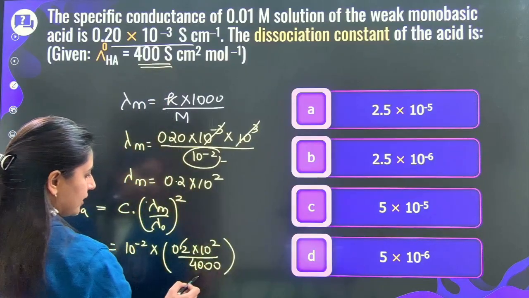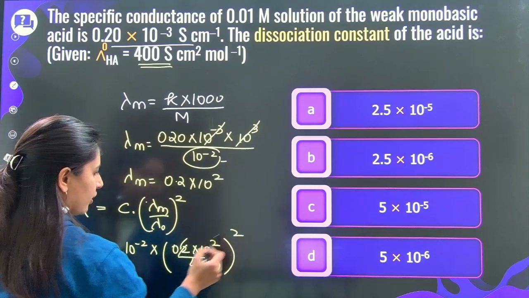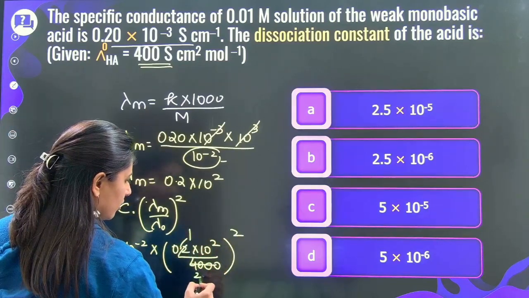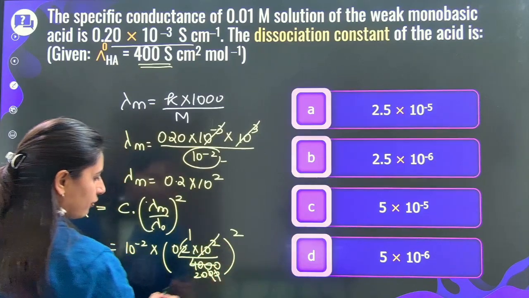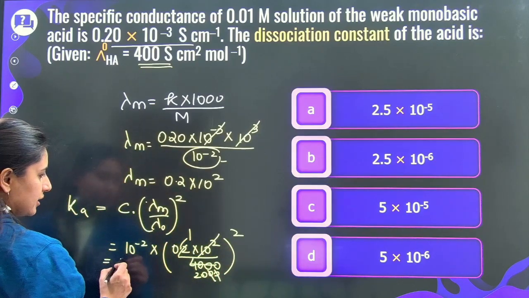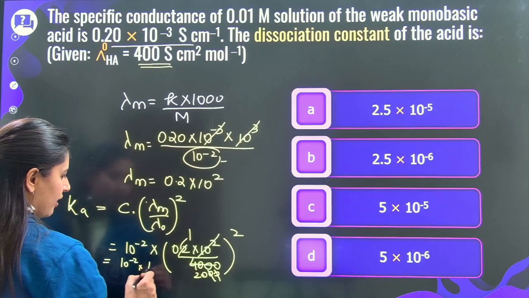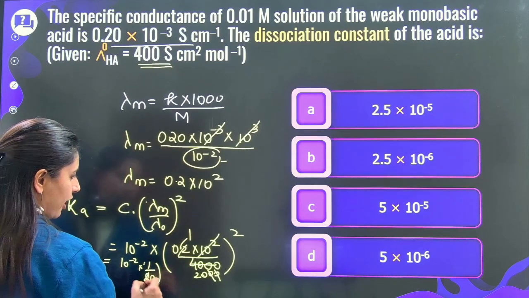Let's get rid of this decimal. So we get the square of this, 1 here, 2000 here, right? 2 zeros were here, so let's get rid of 2 zeros from here. So we will get 10 to the power minus 2 into 1 by 20 whole squared.